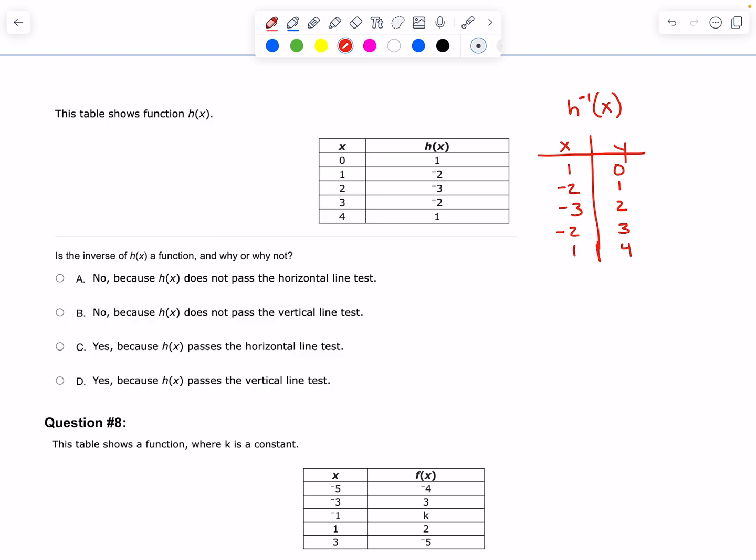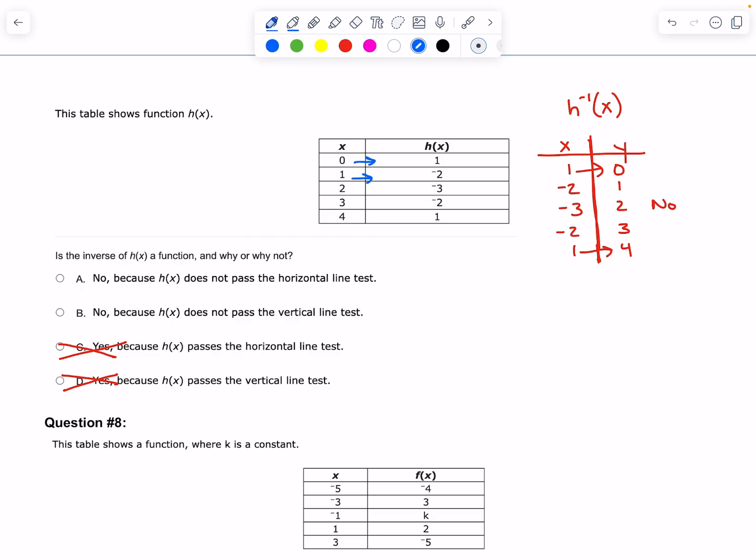So is each x paired up with one y? So I see that is not true. 1 goes with 0 and 1 also goes with 4. So no, it is not a function. So the yes answers are definitely out. But now we have to pick out the reason why. So no, because, and let's see, this original function looks like it was fine.